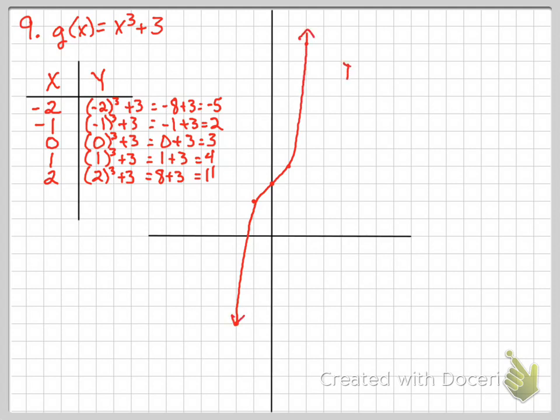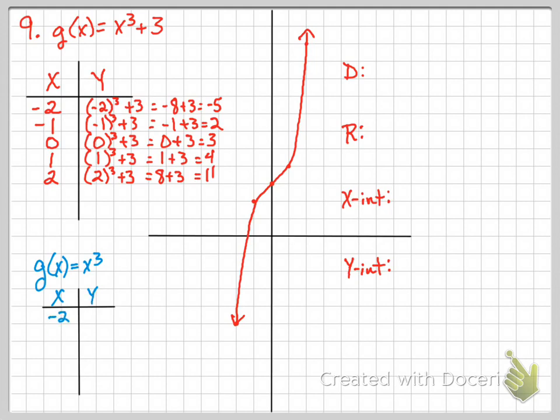Okay, and we are going to be looking for the domain, the range, the x-intercept, and the y-intercept. Okay, but before we do that, let's graph out this function here. F of x equals x cubed. Oh, I'll have to go back and fix that in just a second.